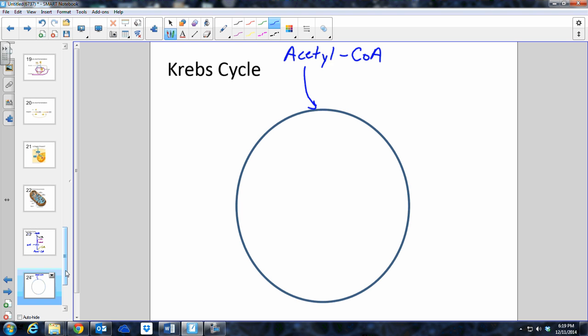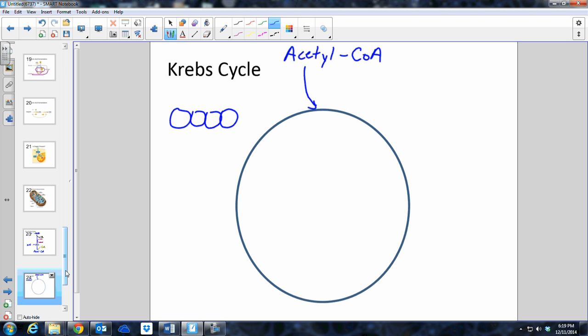It's like jumping on the merry-go-round here. Now, acetyl-CoA is going to join up with a 4-carbon molecule, which for our purposes will remain nameless, thankfully, and we'll keep it that way throughout this cycle. We're just going to call these molecules by the number of carbons that they have.